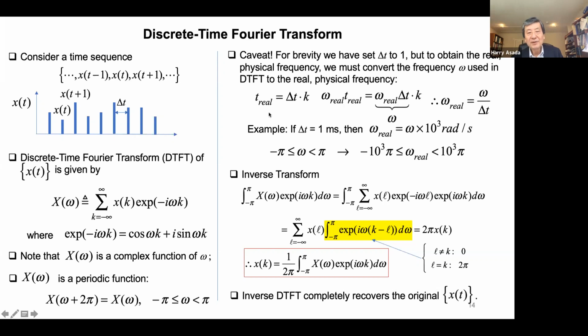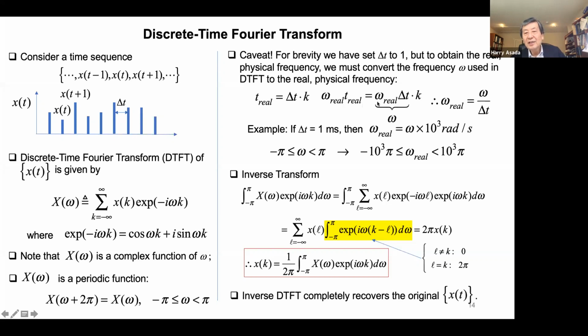In our discrete time scale definition, real physical time t is delta t times k. Let's multiply omega real, the real frequency, to both sides. Then what you get is omega real times delta t times k. This is a non-dimensional quantity, and it remains the same whatever time scale you use.